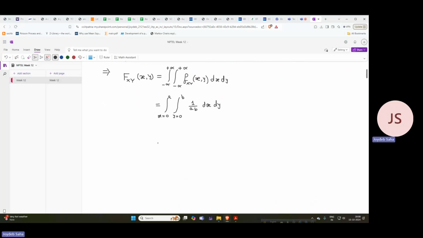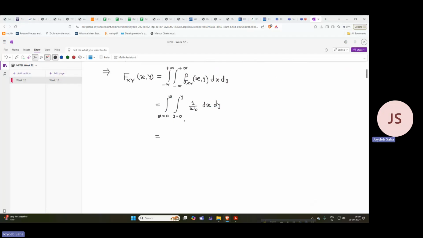So let us try to solve this integral. Let us find it with the general term, and then we will solve it for some specific values.